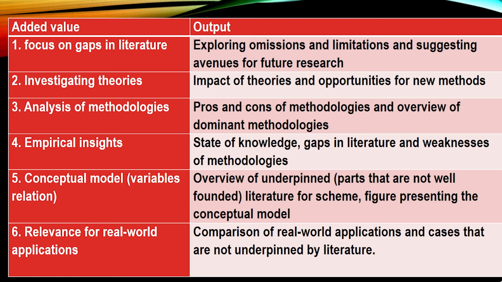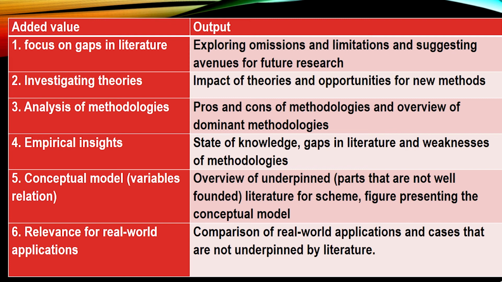The options for added value for a literature review are: 1. Focus on gaps in literature, exploring omissions and limitations and suggesting avenues for future research. 2. Investigating theories, impact of theories and opportunities for new methods. 3. Analysis of methodologies, pros and cons of methodologies and overview of dominant methodologies. 4.